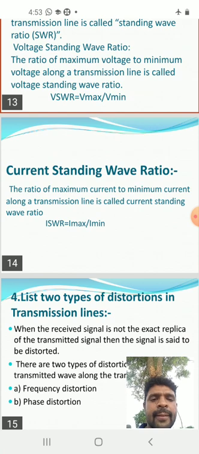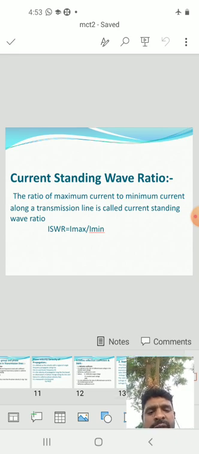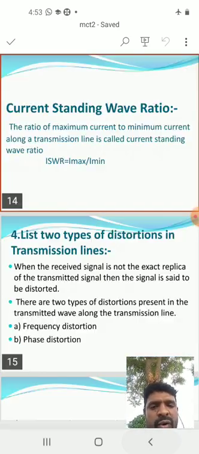ISWR equal to Imax by Imin, where ISWR is the current standing wave ratio, Imax is the maximum current, Imin is the minimum current. These are the four definitions: standing wave ratio, voltage standing wave ratio VSWR, and current standing wave ratio ISWR.